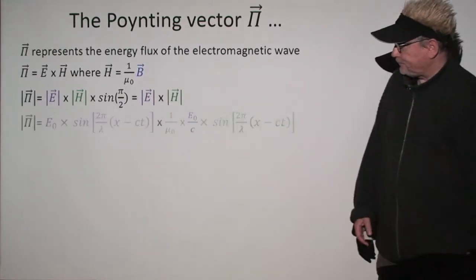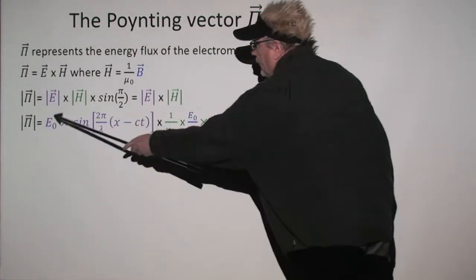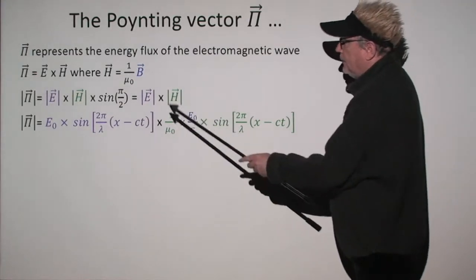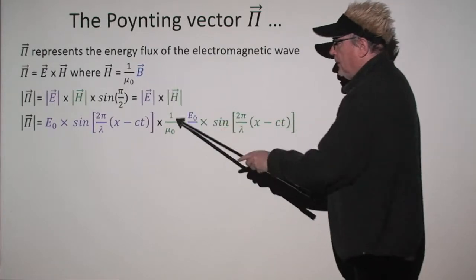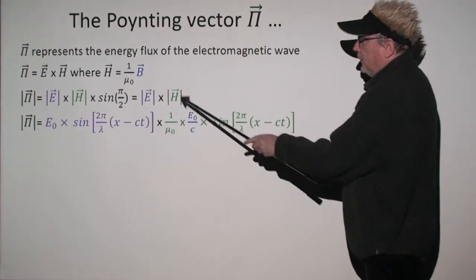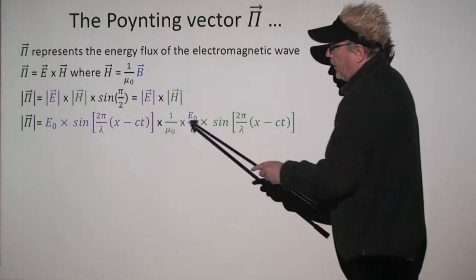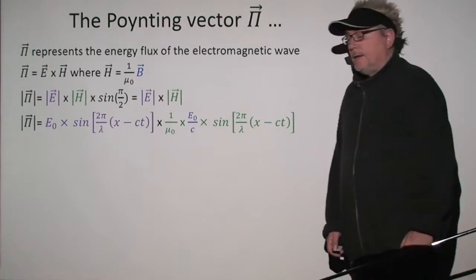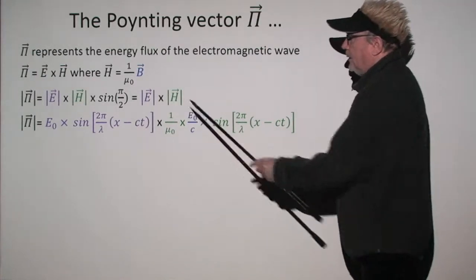So from that we replace E by its value that we've already seen. And H is equal to 1 over mu naught B, because B, as you remember, for the module would be equal to E naught over c, and that becomes this part here.